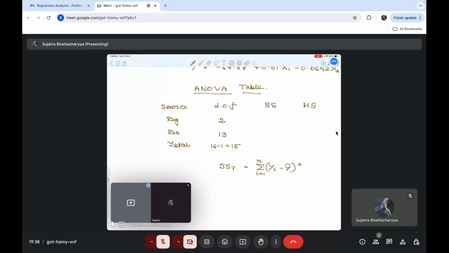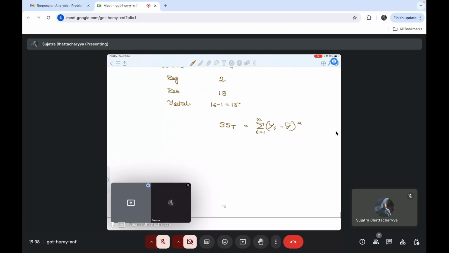So let's go ahead and calculate the SS values. SS total can be further written, if you open the bracket, in an easier form.